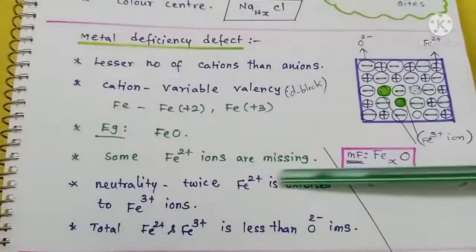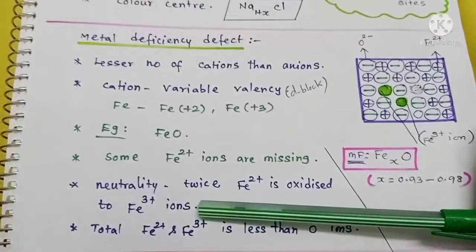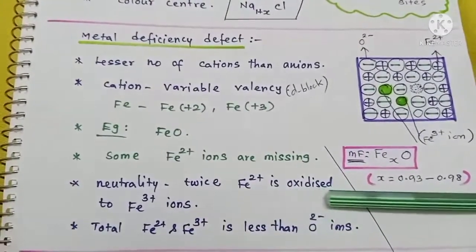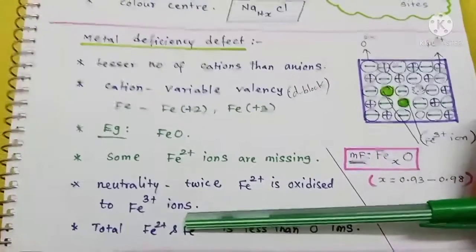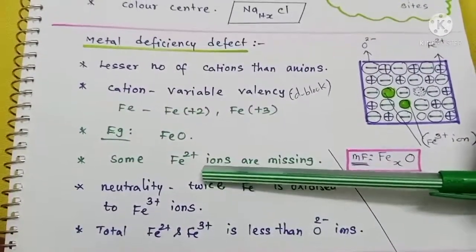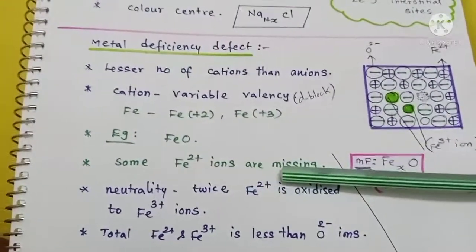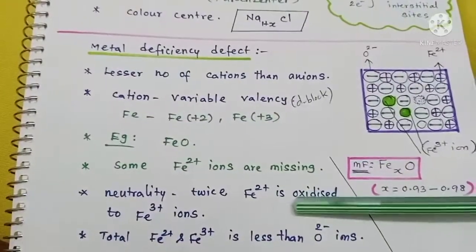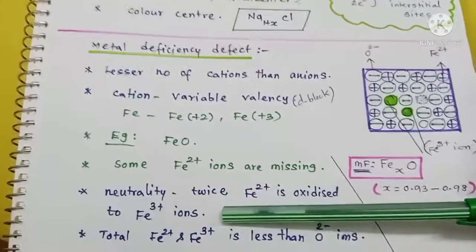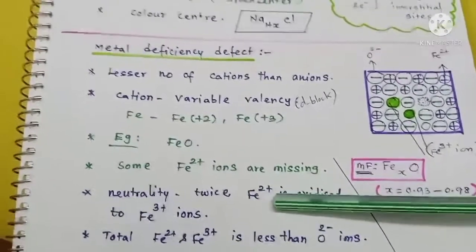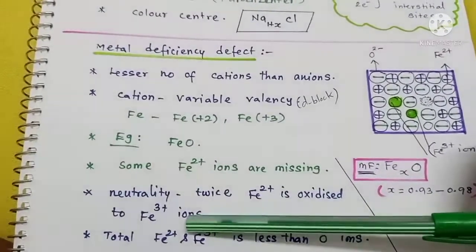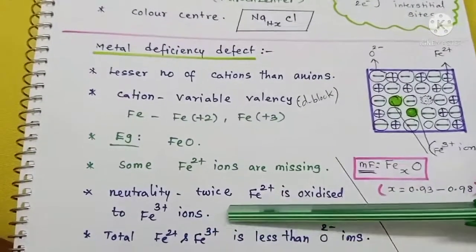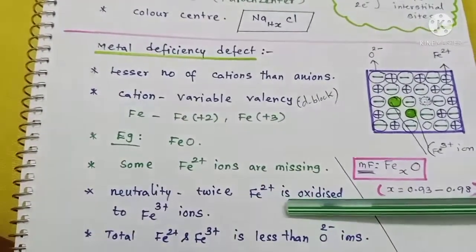So the neutrality is getting disturbed. So to maintain the neutrality, twice the number of Fe2+ ions are getting oxidized into Fe3+ ions. Suppose if one Fe2+ ion is missing, by that time the neighboring two Fe2+ ions are getting oxidized to Fe3+, which means the neighboring two Fe2+ ions are converted into Fe3+ ions, isn't it? In such a way the neutrality of the compound is maintained.